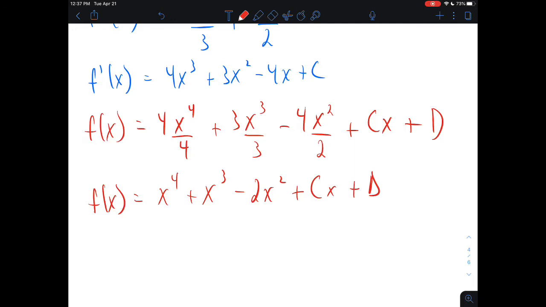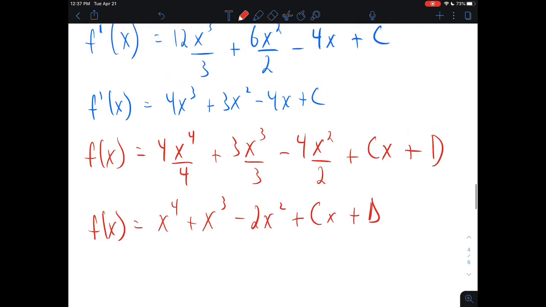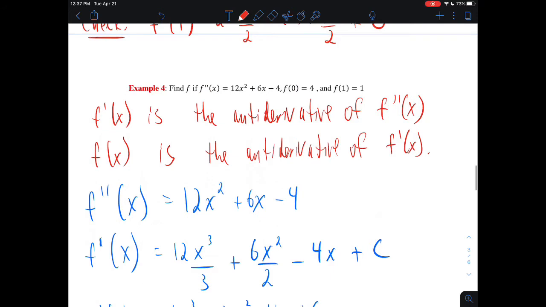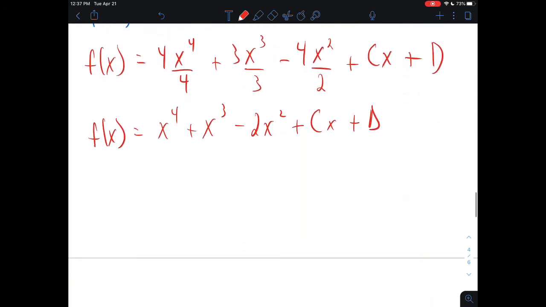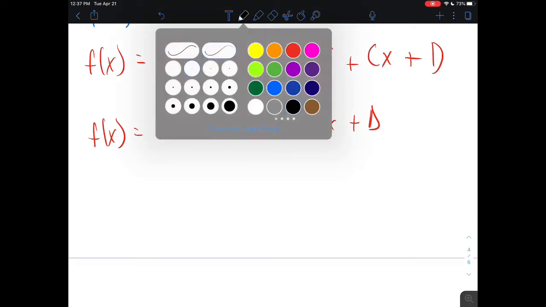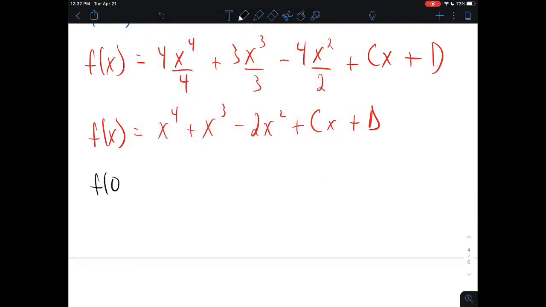And now we'll use the given values to find our constants. So first I'm going to use f of 0 equals 4. So I'll plug in 0 for x. And you can see that that's a pretty simple thing to do. I'm just going to be left with d. And since f of 0 was 4, it means that d is equal to 4.